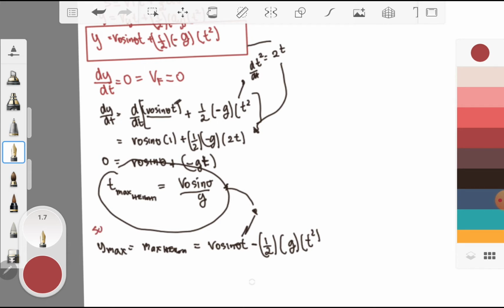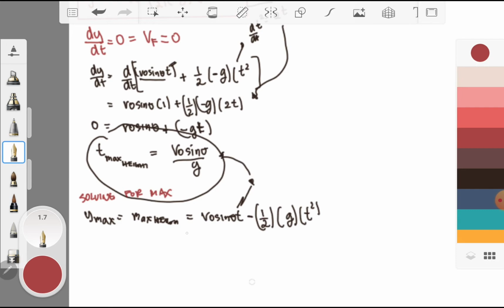So, solving for max height, we have our time at maximum height, VO sine theta over G. So, we substitute here.